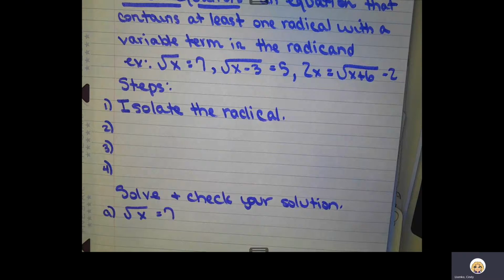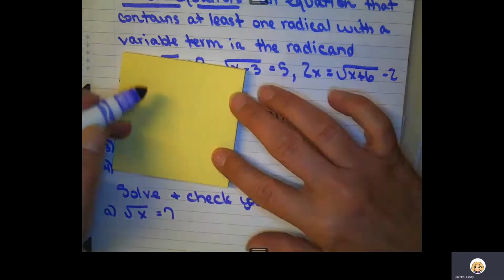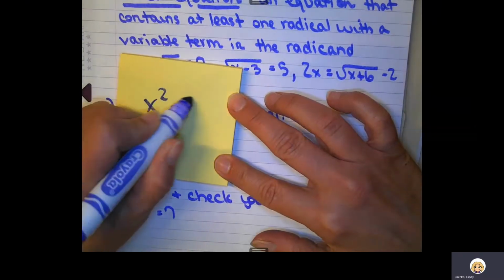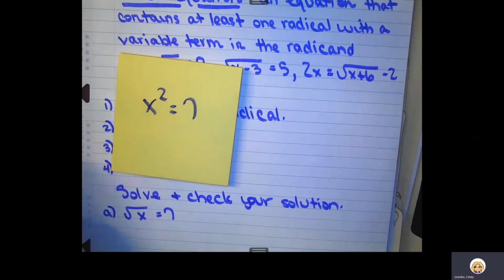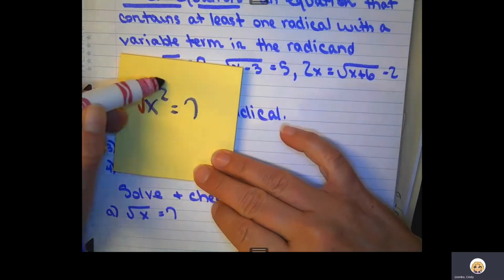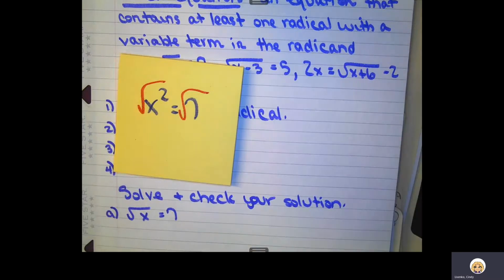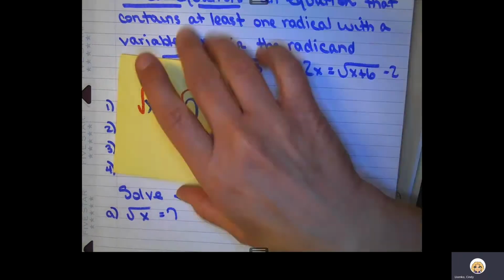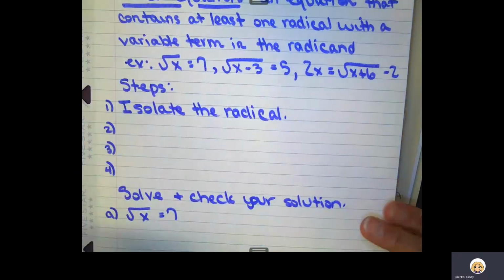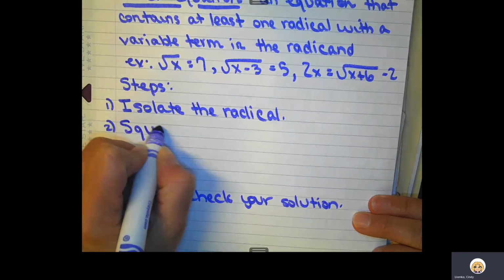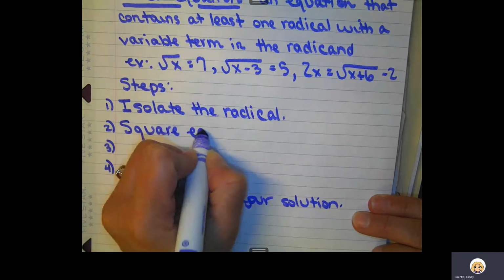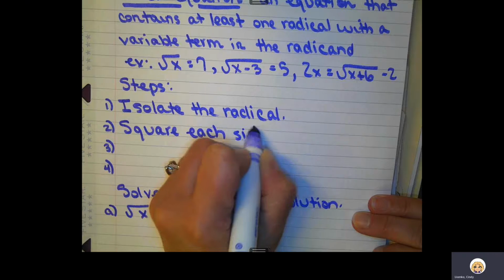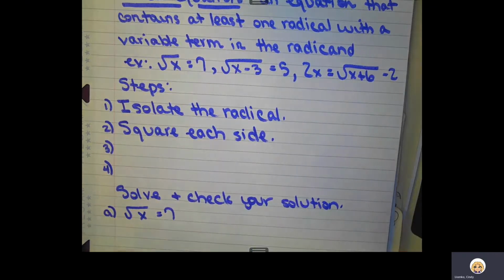Step 2, if we had x squared equals 7, to get rid of our square, we would do the square root of both sides because the square and the square root cancel out. Same concept. If we have a radical, we're going to square it to get rid of the radical. So step 2 is to square each side. And you can't do that until your radical is by itself.